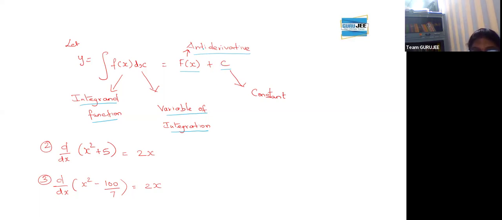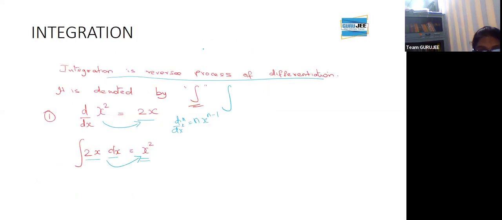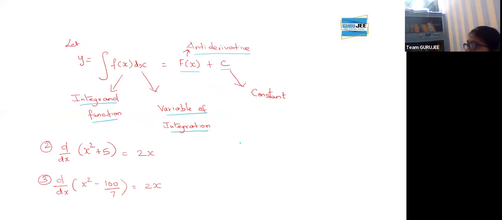Capital F of x represents the antiderivative plus C. Why antiderivative? I already told you, once you differentiate the function, it will give you the derivative. We find the derivative using differentiation. We take this derivative as input and we find the antiderivative.